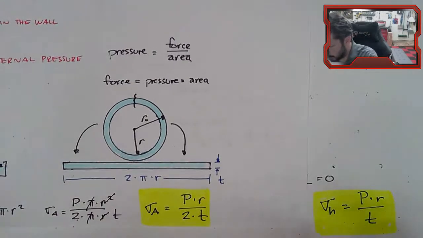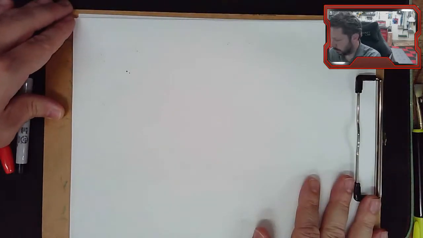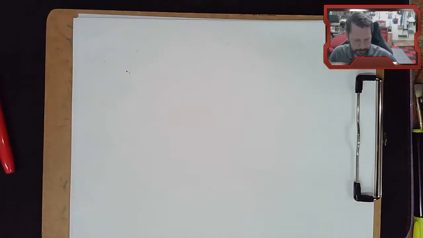So let's look at one of these in action and see if we can solve, get some of those dots of ink off of there. All right, so let's set up something where we're going to solve a spherical pressure vessel type problem.